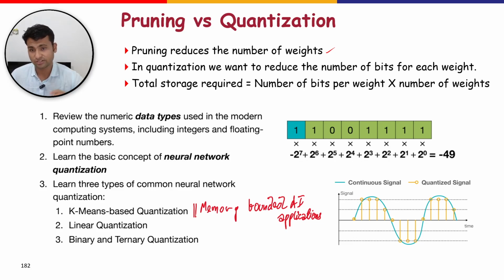Those number of weights we'll reduce. But in quantization, we want to reduce the number of bits for each weight. So the total storage required, as we had calculated, is the number of bits per weight times the number of weights which we have. So this is the difference between pruning and quantization.